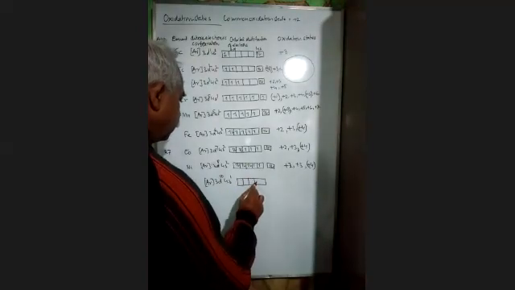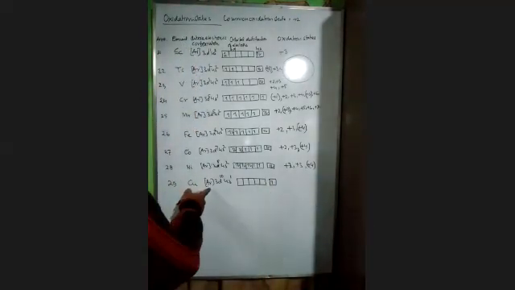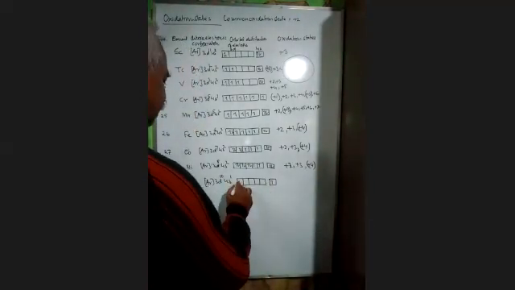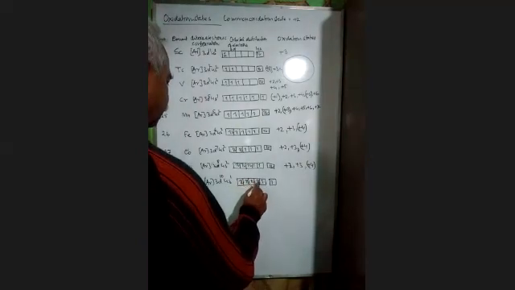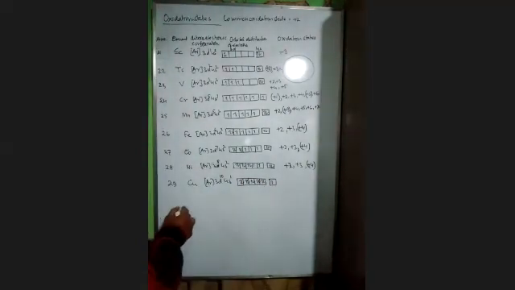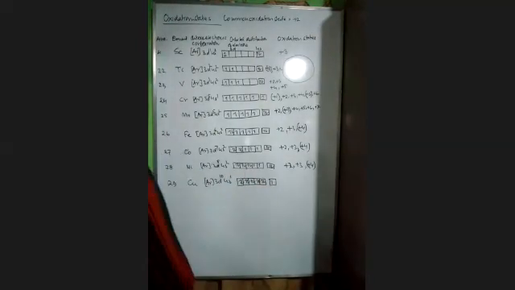Here we have to put 10 electrons here: 1, 2, 3, 4, 5, 6, 7, 8, 9, 10. So it becomes 18 plus 10, 28 plus 1, 29.